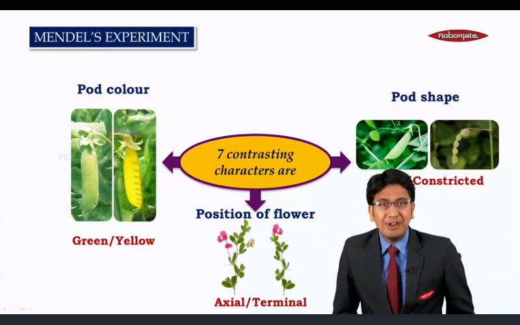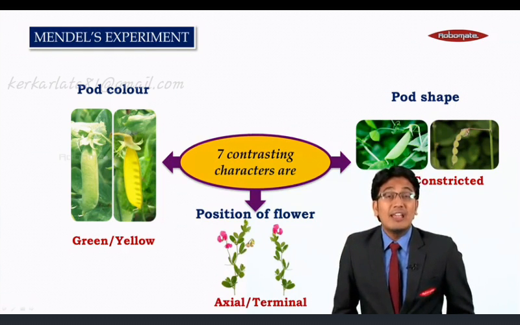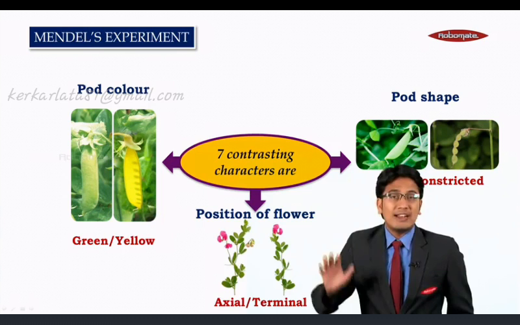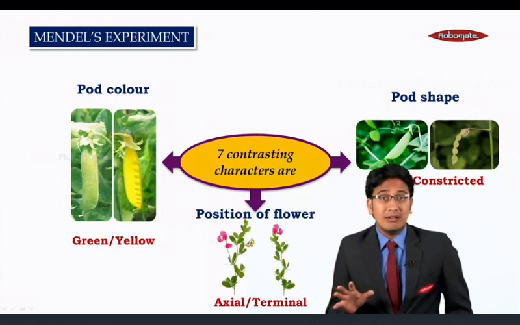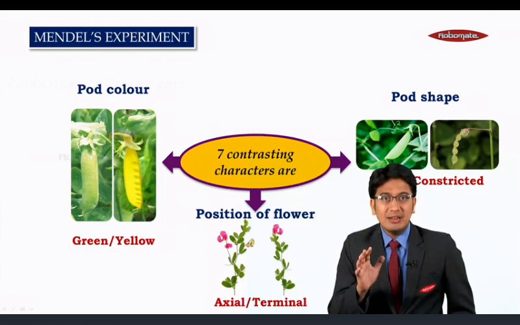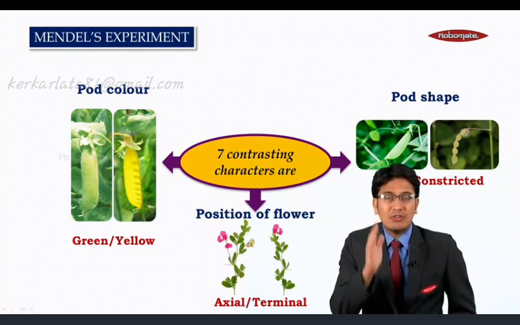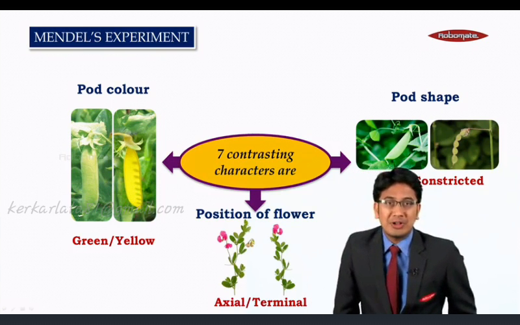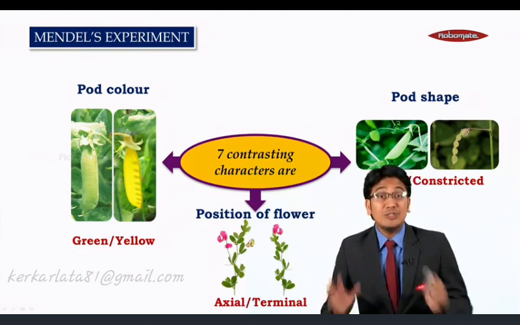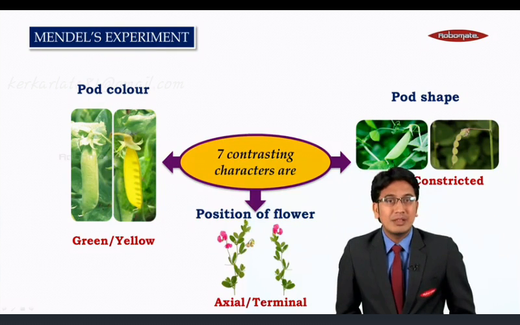Because there is a difference in the position of the flower, he took this character also, that one is axial, one is terminal. So in this manner, he observed 7 very visible contrasting characters, and he noted them all in his book, and he started doing experiments with all these characters.